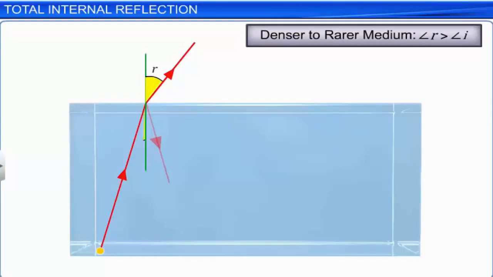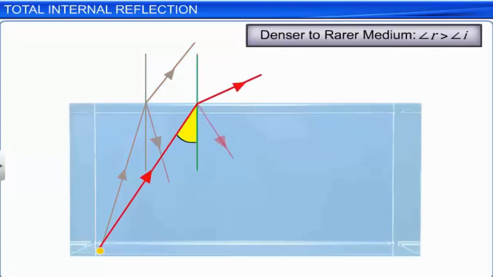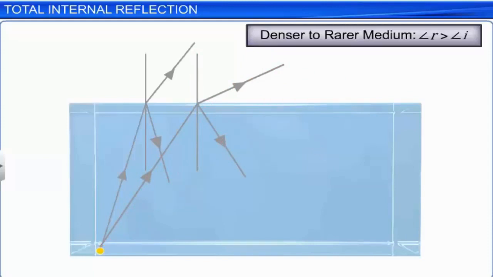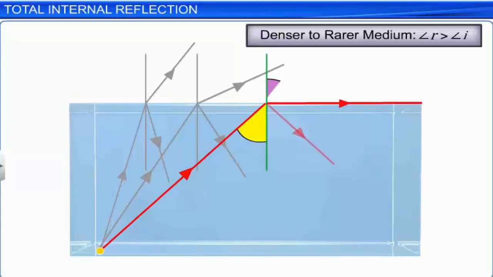If another light ray with higher angle of incidence is considered, its angle of refraction will also be correspondingly higher. If the angle of incidence of the light ray is gradually increased, then, for a specific angle of incidence, when the angle of refraction in the rarer medium becomes 90 degrees, the refracted light grazes along the interface.